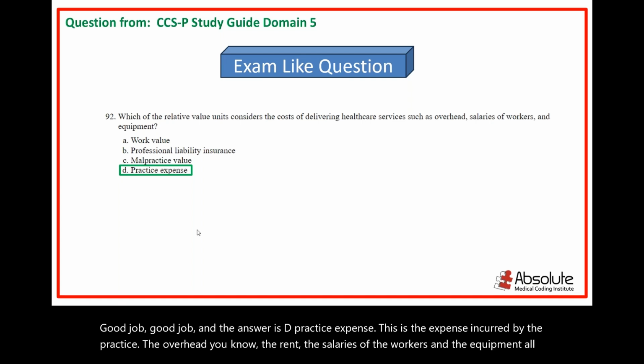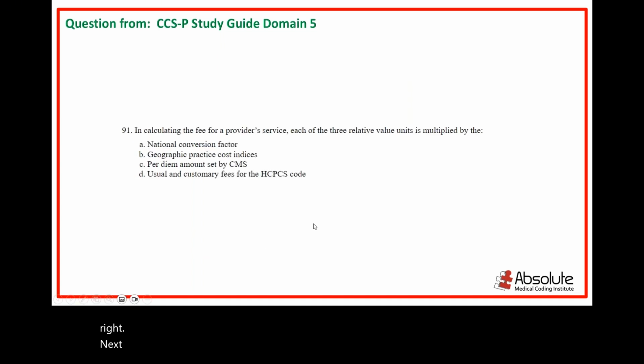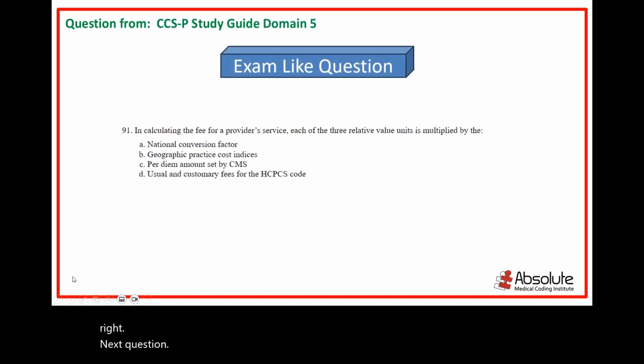All right, next question. A, national conversion factor. B, geographic practice cost indices. C, paradigm amount set by CMS. D, usual and customary fees for the HCPCS code.